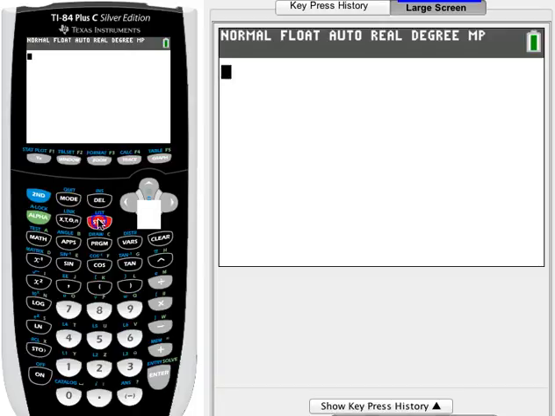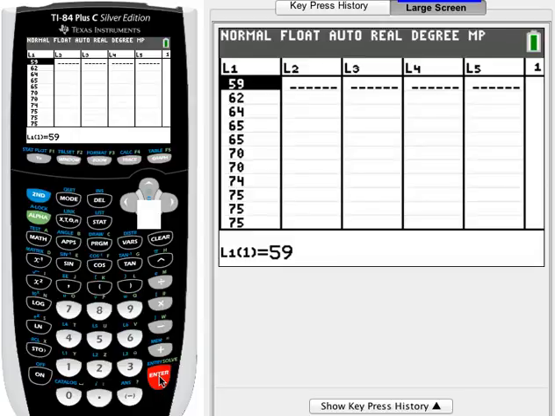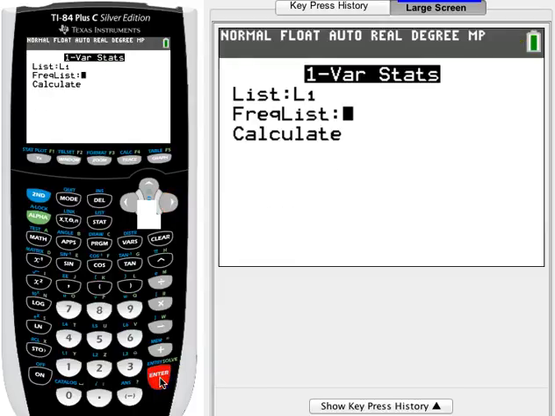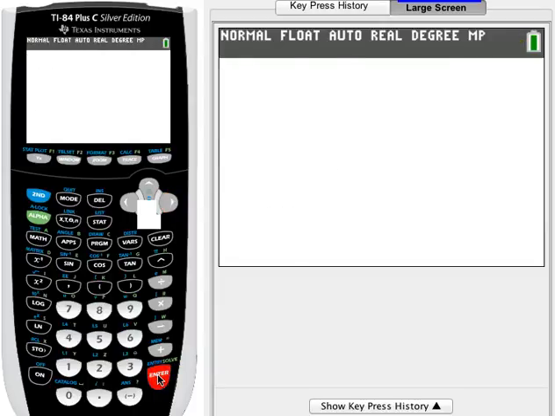Now I've already done it. We can input the data into a list. All those numbers from the stem and leaf plot, I've already put into a list. And remember, to get that information, we can calculate a one variable stat.